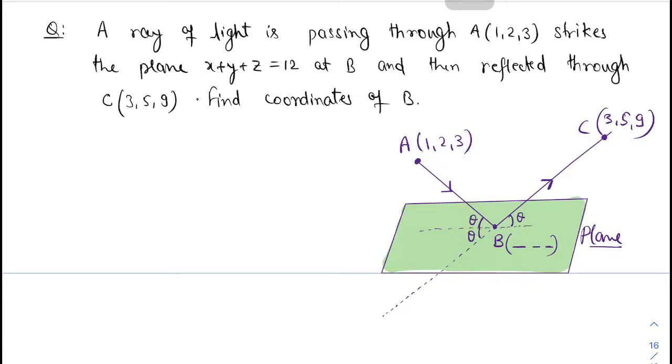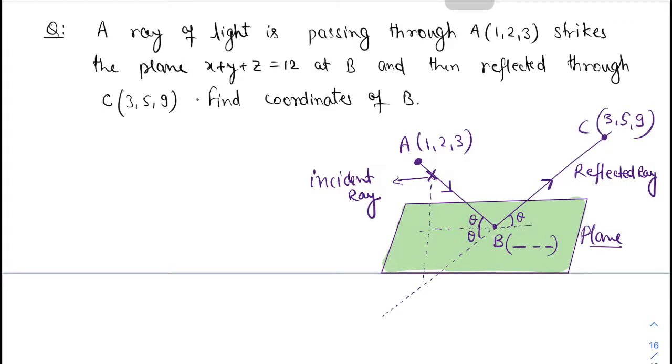Let me call this the incident ray and this the reflected ray. If I take any point on this incident ray, the image of that point in the plane will lie on this reflected line. If we observe this, we can easily write the equation of line BC.